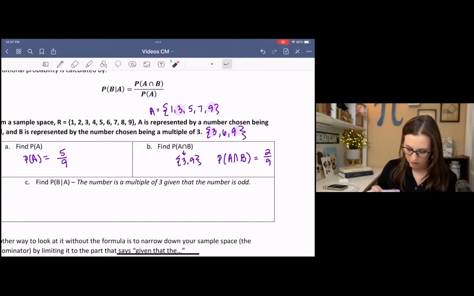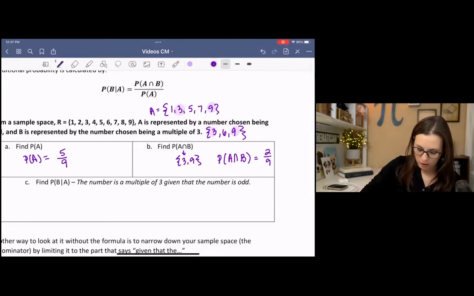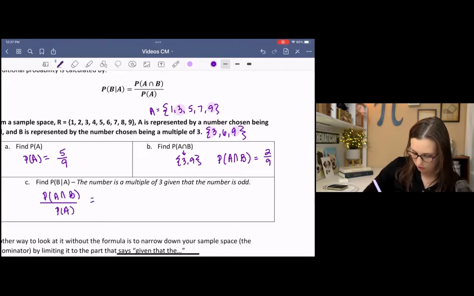So if we find the probability of B given A, which is the probability that the number is a multiple of 3 given that the number is odd, using the formula, we can substitute in our pieces, and we get 2/9 over 5/9.